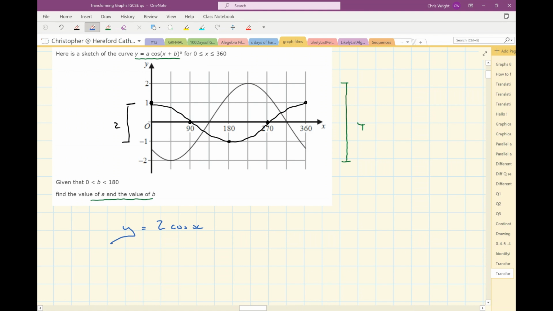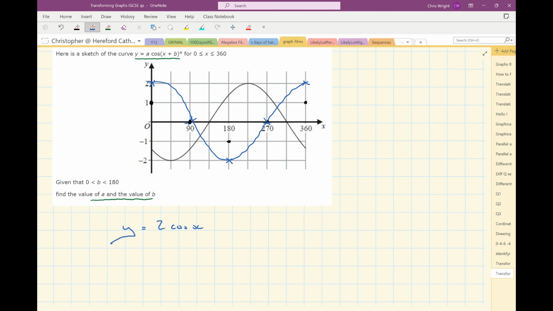So I'm going to draw that now on the axis. I'm stretching my y equals cos of x curve by a factor of 2 in the y direction, and I'm drawing the resulting curve. So now all I need to do is to work out how to transform my blue curve, which is y equals 2 cos of x, into the black curve.